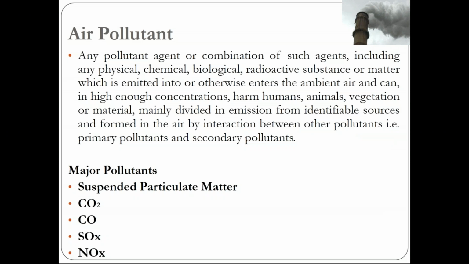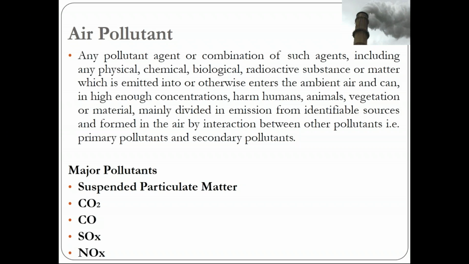What is the exact definition of a pollutant? Any agent or combination of agents, including any physical, chemical, biological, or radioactive substance or matter, which is emitted into the ambient air in high enough concentration that it can harm humans, animals, vegetation or material.